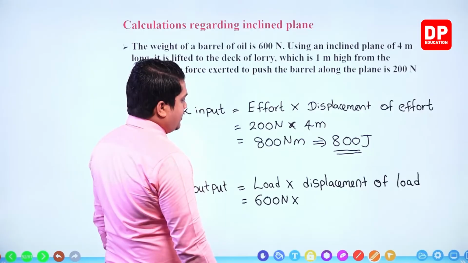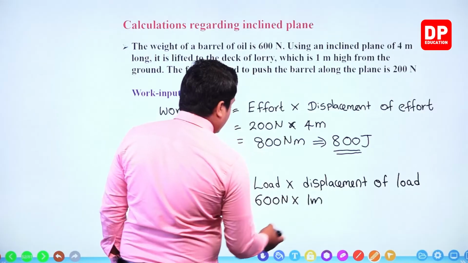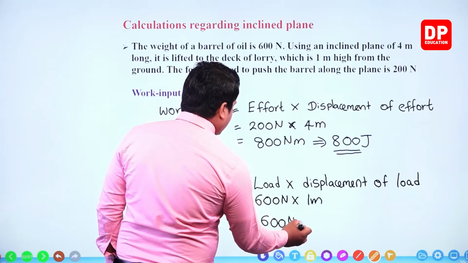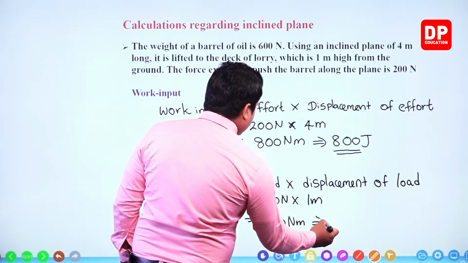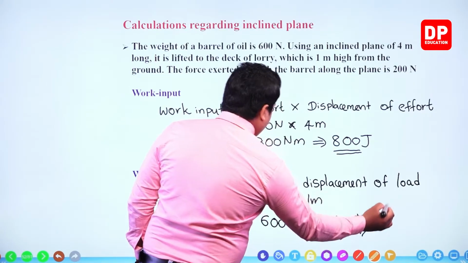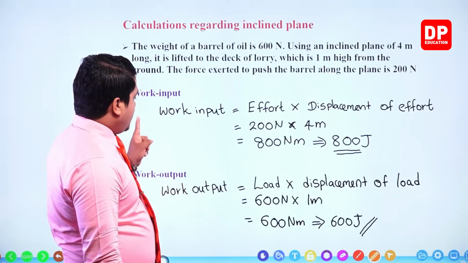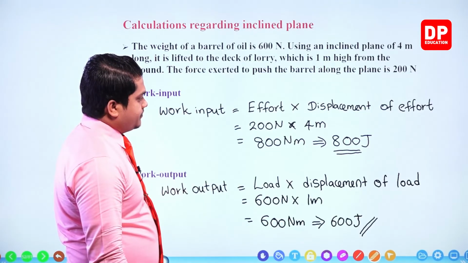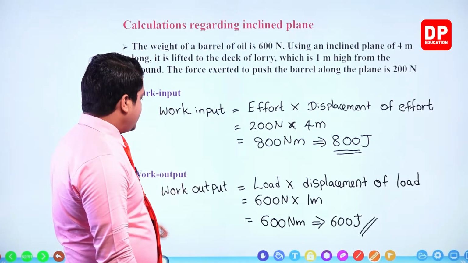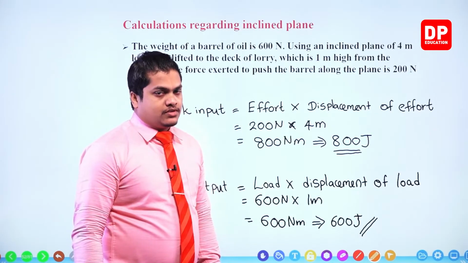You multiply by the displacement of the load, which is just 1 meter. So here 600 Newton meters, or else 600 joules, can be obtained. So the work input is 800 joules or 800 Newton meters, and the work output is 600 Newton meters or 600 joules.